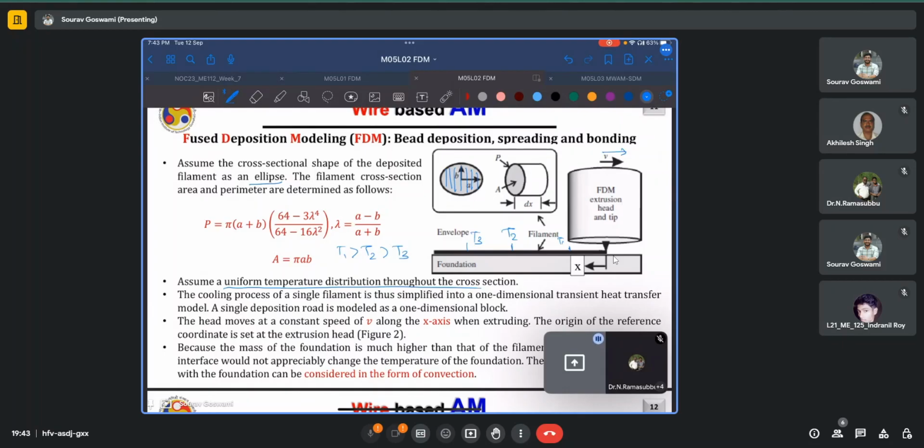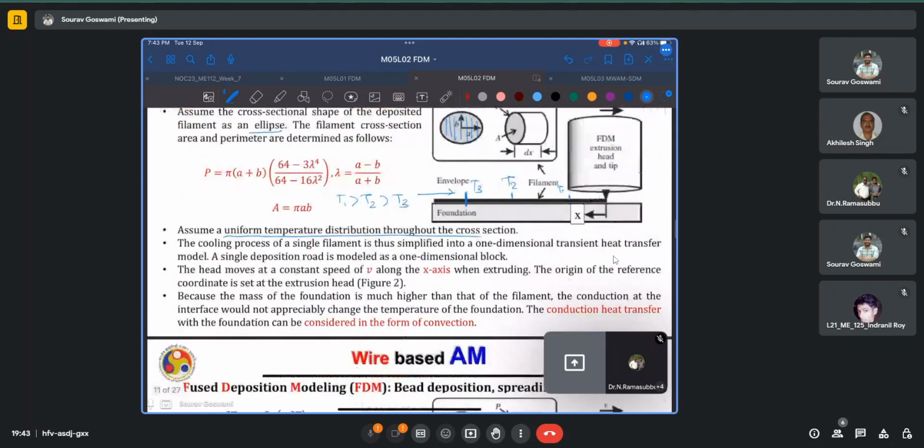So along the length, the temperature might be different at different cross sections. But what we are assuming is that at any of these points in that cross section, the temperature distribution is uniform. Thus, with such an assumption in place, the cooling process would be simplified to a one-dimensional transient heat transfer model.